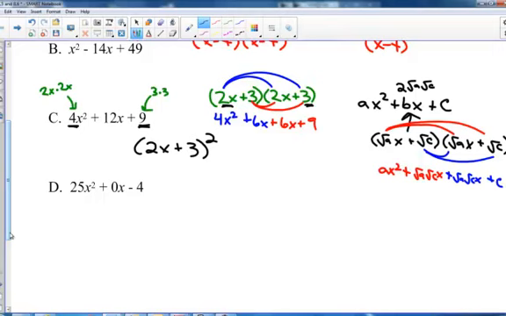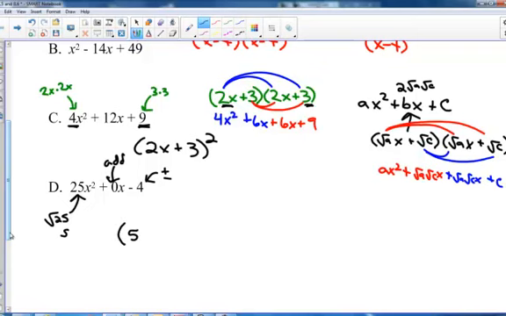If you look at the next one, the middle term is 0, so it has to add to give you 0. And the back term is negative 4. That means it's going to be 1 positive and 1 negative. That's how you add to get 0. Now, the square root of the first term is 5.